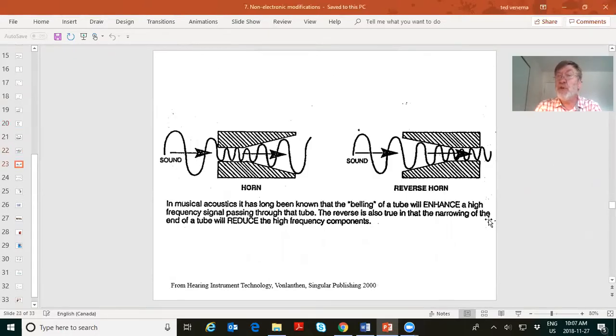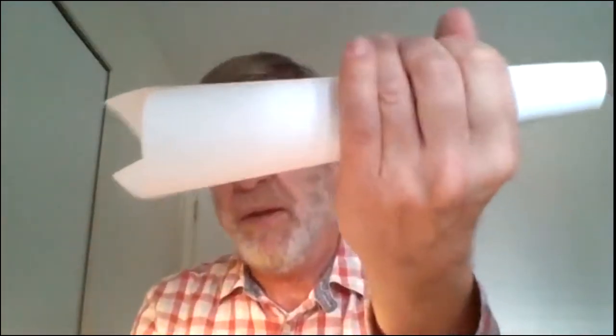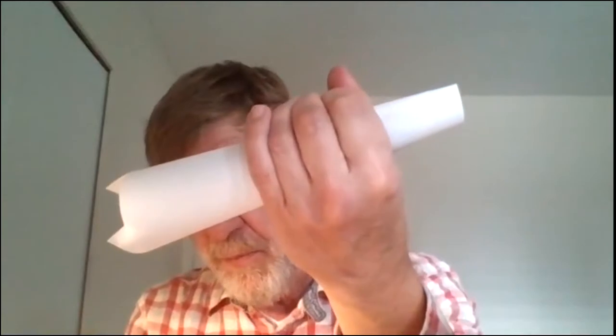The last acoustic modification is horns. Now, the simplest thing to know about horns is this little demonstration. If I take a piece of paper and I roll it up like a horn, well, it's wider at one end and narrower at the other end.